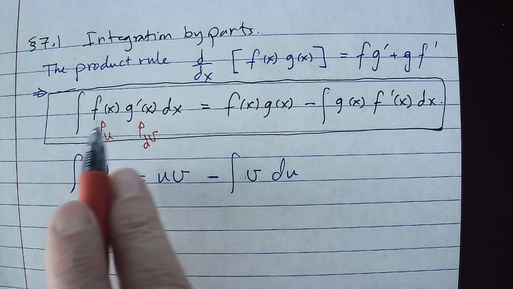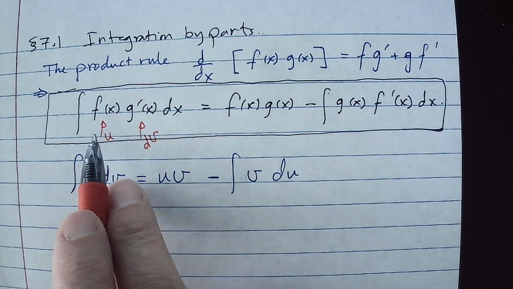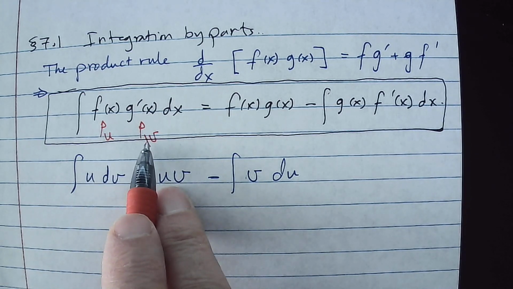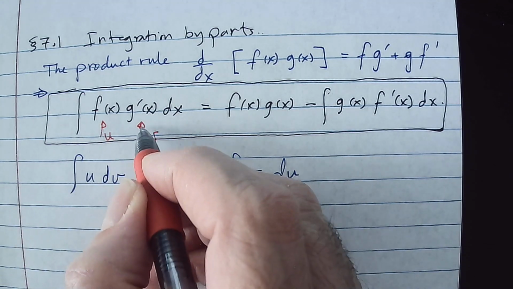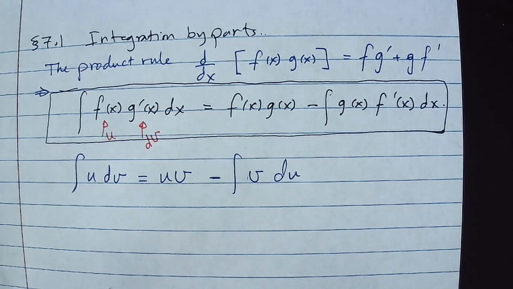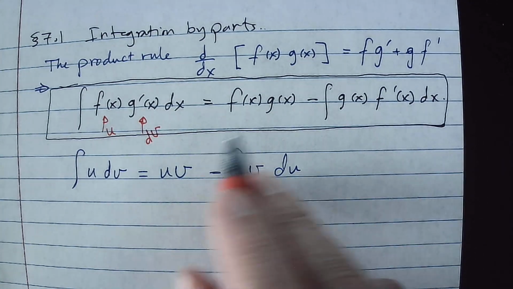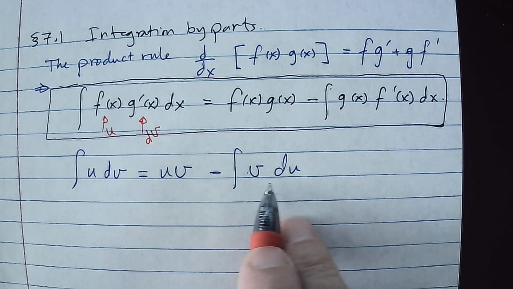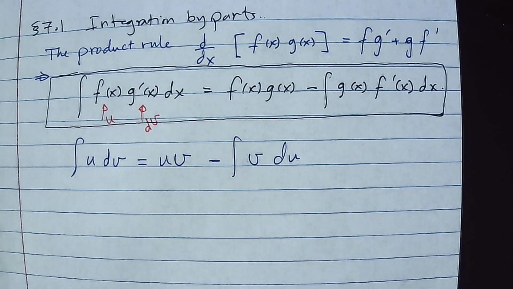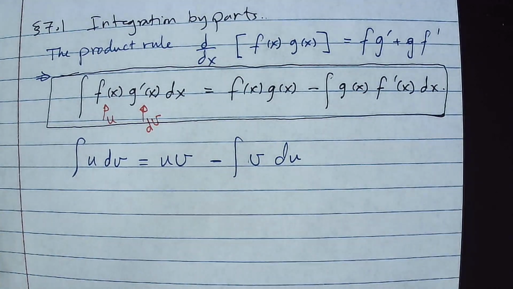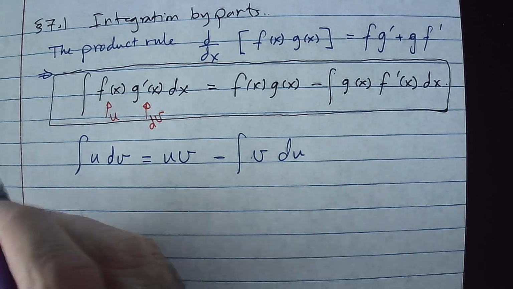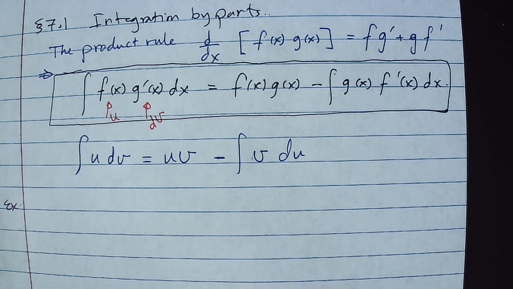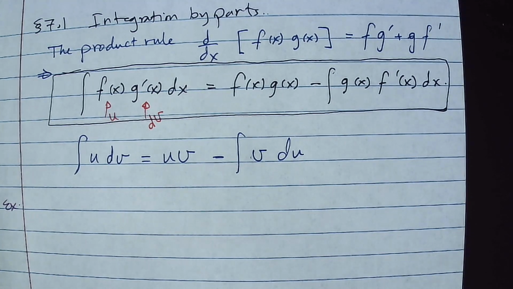So the two functions u and v, the function u, the derivative of the other function v prime, which is here dv, and then we take the rest of that as u times v minus the integral of v du. Let's go straight to the first example and see how this can be applied.